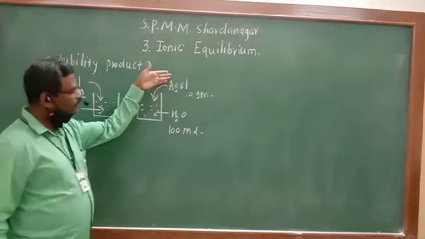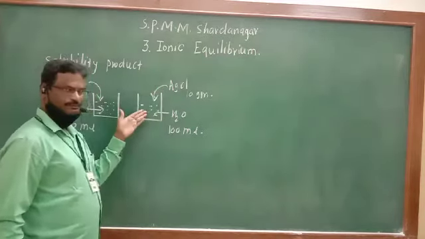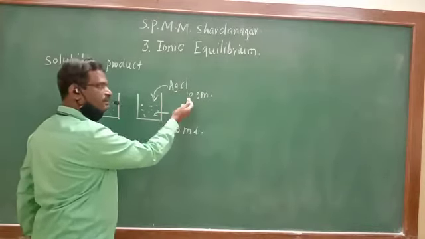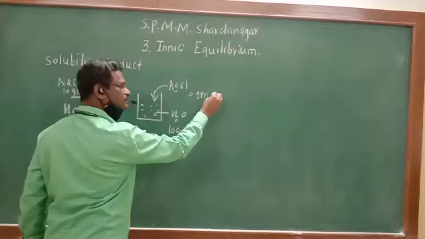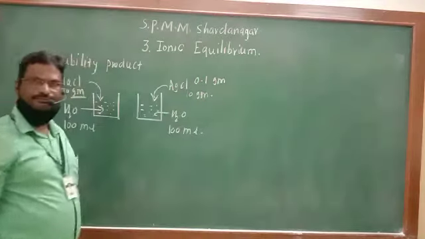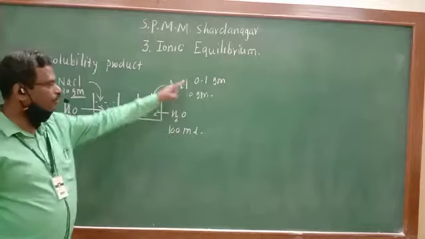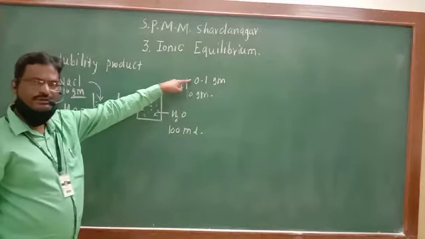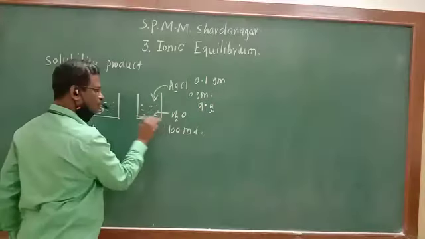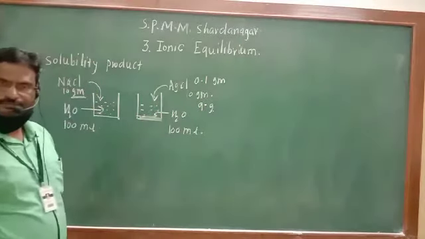But if AgCl is added to water, 10 gram, out of this 10 gram just 0.1 gram undergoes dissolution and 9.9 gram will settle down at the bottom.